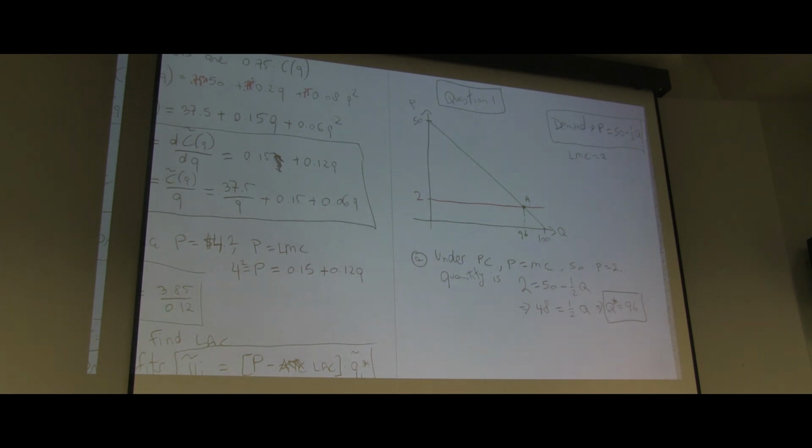What are the profits of this firm? Total revenue minus total cost. What's total revenue here? 96 times 2, which is 192. What's the total cost?